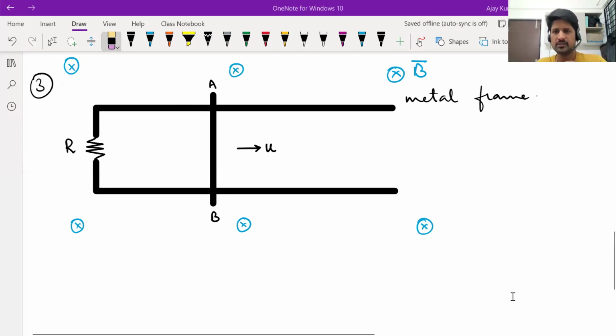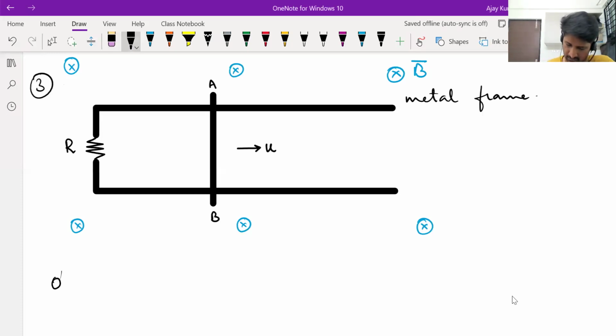I hope this is clear to all of you. As the rod moves to the right side, the area enclosed by the loop increases and the magnetic field will be present in that entire area. So the flux is increasing. Tell me what should be the direction of induced current in that loop? It should be anti-clockwise.